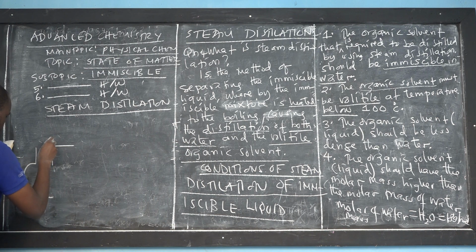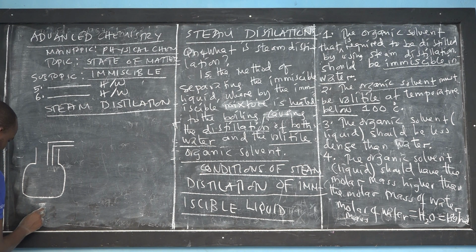Different diagrams, different sources. One of them that you'll find is this. This we call a conical flask.